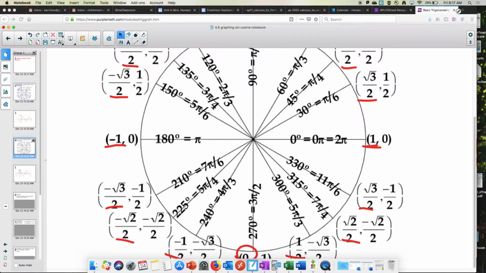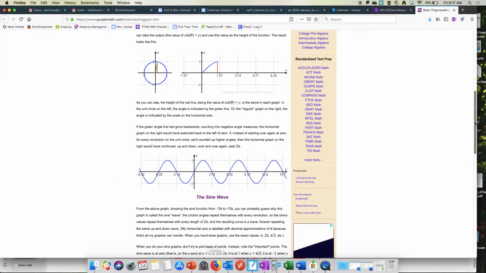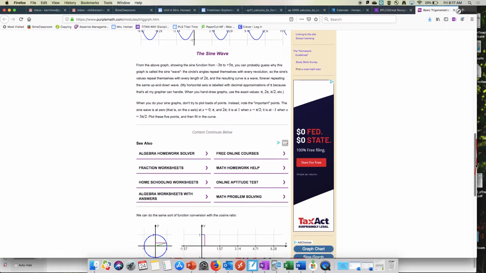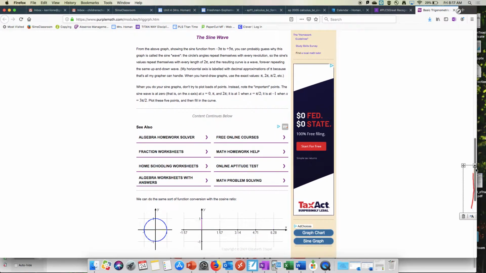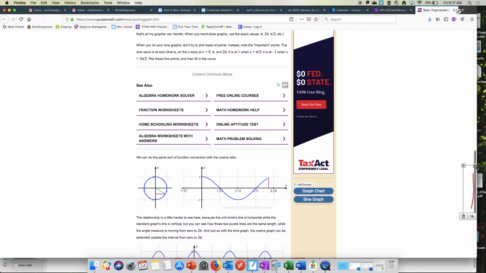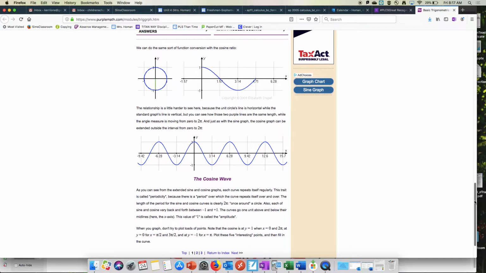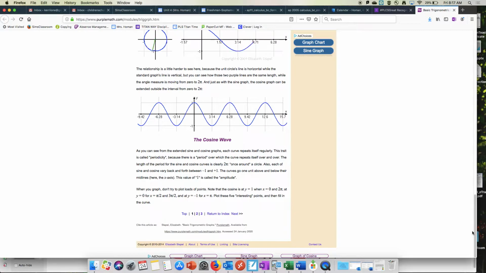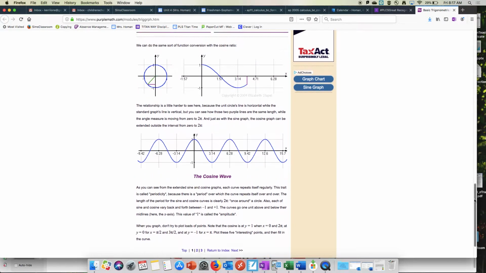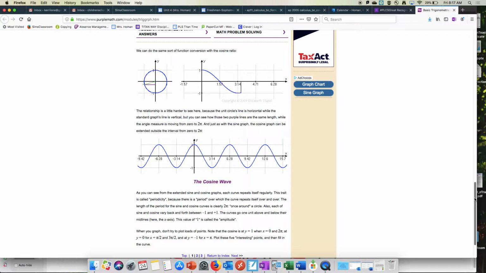All right, so I have an animation for the cosine curve now. As we go around the unit circle and grab all of those coordinates, remember the input, the x coordinates are the angles, the y coordinates are what the cosine values actually are.